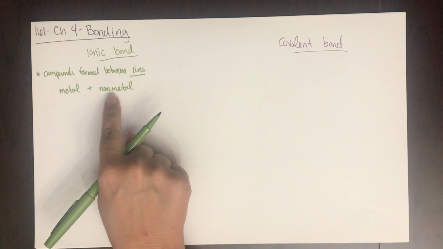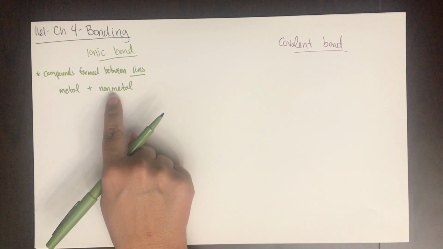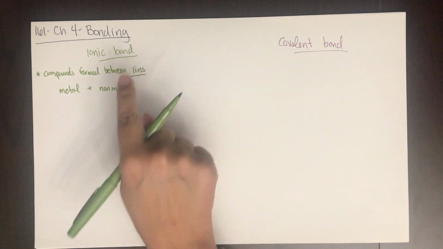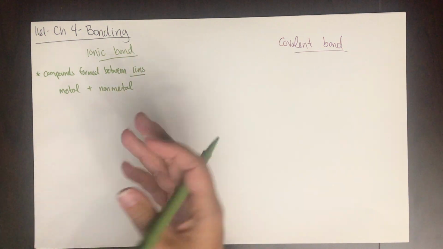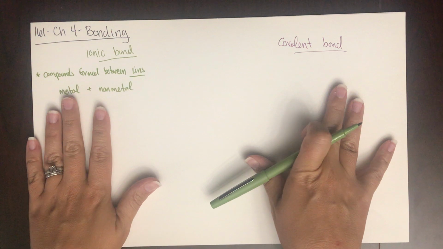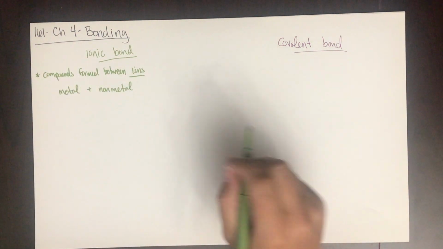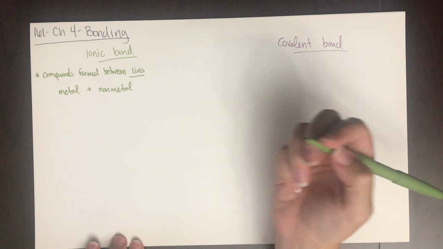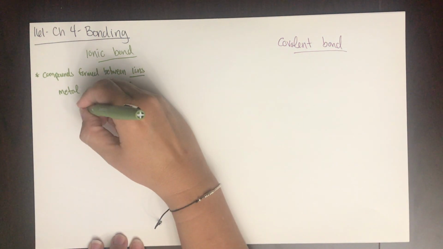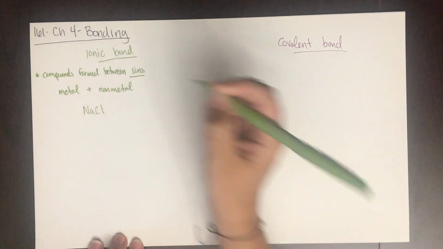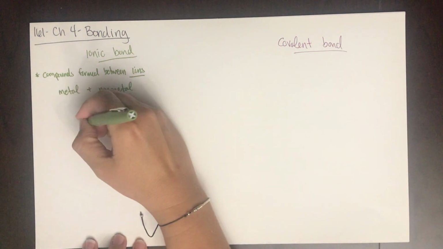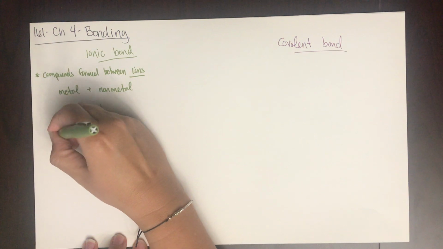But when you're looking at a compound, it's important that you're able to first identify what type of bond it is, because the way that we name it, the way that we write it, everything has two different sets of rules for ionic versus covalent. So ionic is between a metal and a non-metal. So let's just look at an example of sodium chloride, NaCl. So Na is sodium.